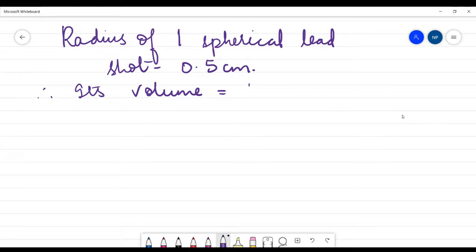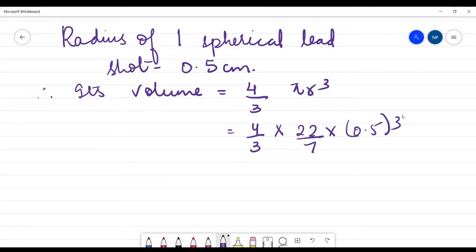Volume of a sphere is 4 by 3 pi r cube. Here we get 4 by 3 into pi, which is 22 by 7, into r cube, that means 0.5 cube, so 0.5 cube will be multiplied by 88 upon 21.